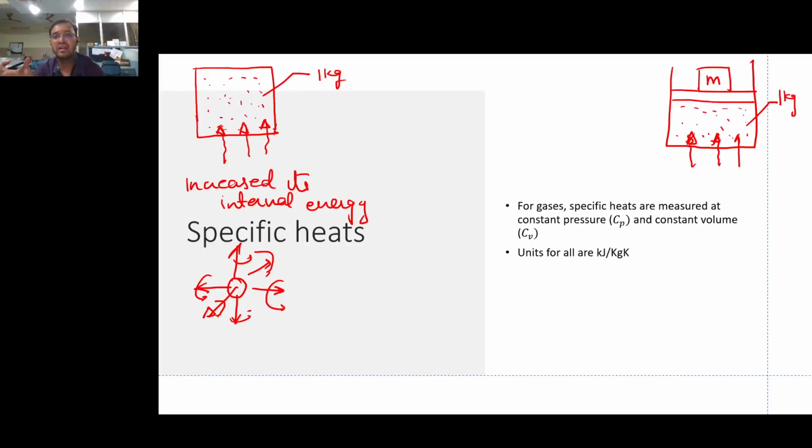Let us look at the second scenario. Here, as soon as you started heating the molecules, their kinetic energies along different axes started increasing. Am I right? It's translational, rotational, etc. However, this gas started pushing against the movable piston.